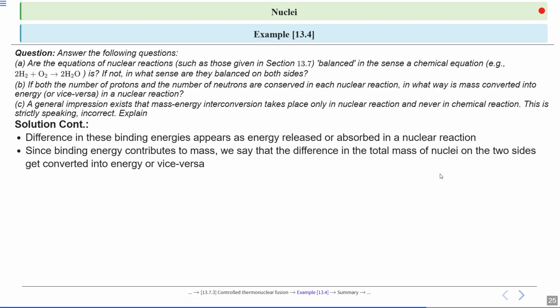This difference in mass gets converted into energy, or energy can be converted into mass, according to the famous equation E = mc². So nuclear reactions are a clear example of mass-energy interconversion. This means that mass can be transformed into energy and vice versa.